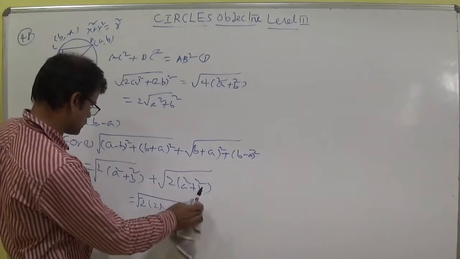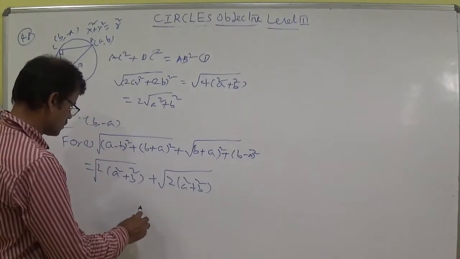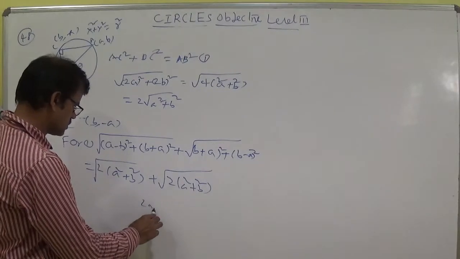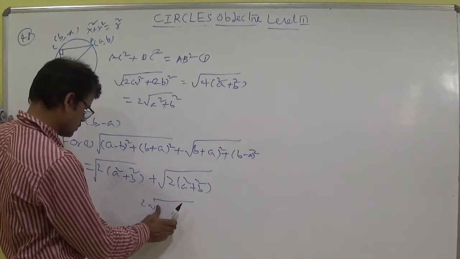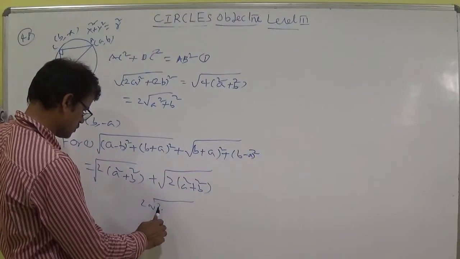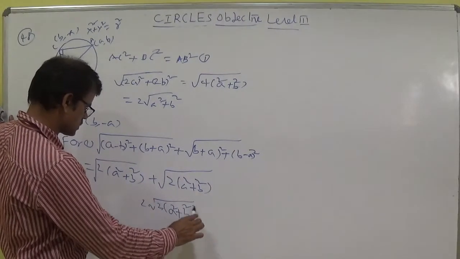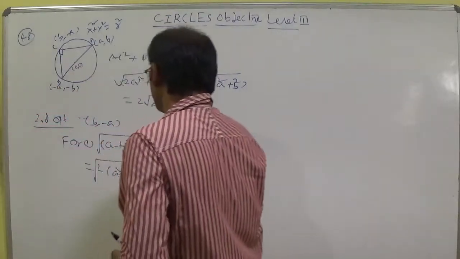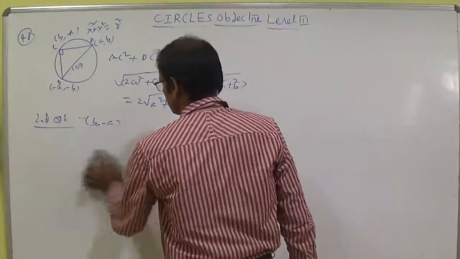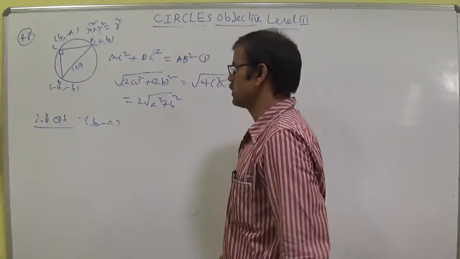Of course, it is not the right way. This is like this, we can write 2 into root of A square plus B square. These two are not right. A comma B have taken, it is absolutely right.